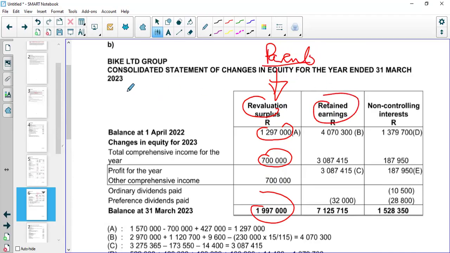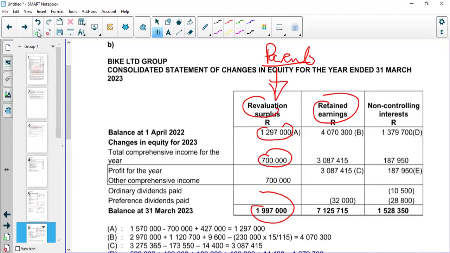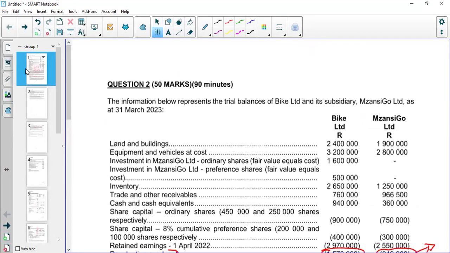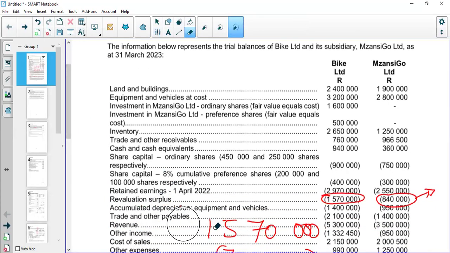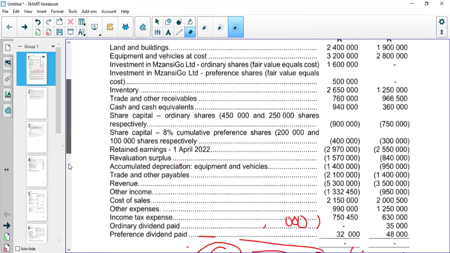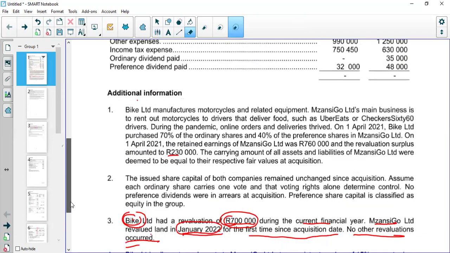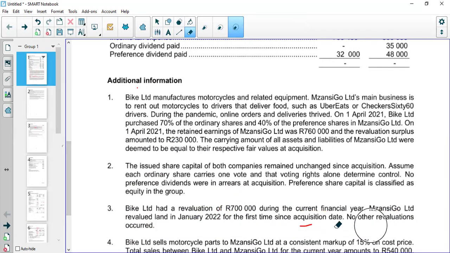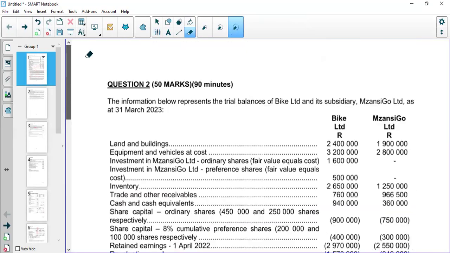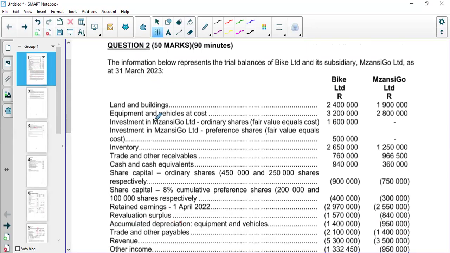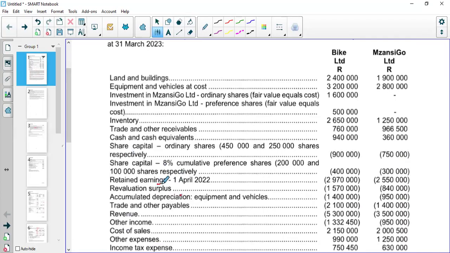Let's go to retained earnings. Our starting point, like we said, is the retained earnings of the parent, rather. So let's go to the retained earnings at the beginning of the year, this is 2970.